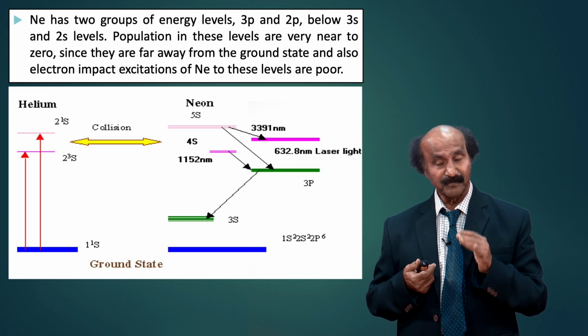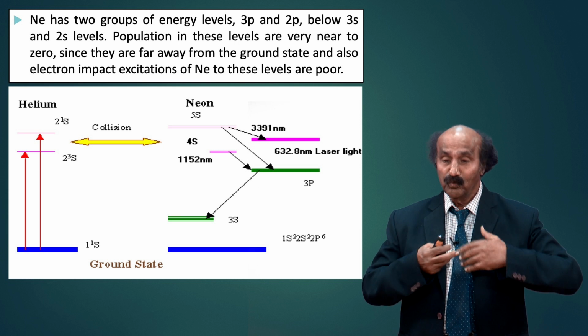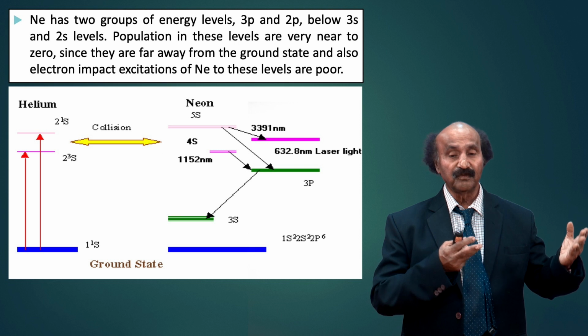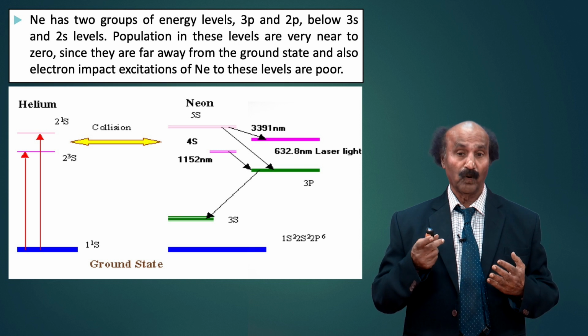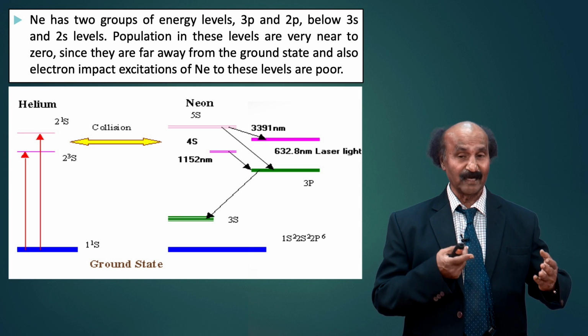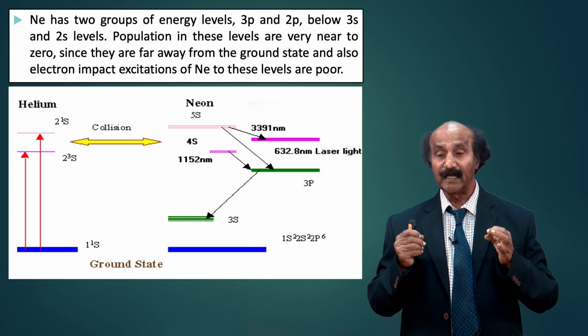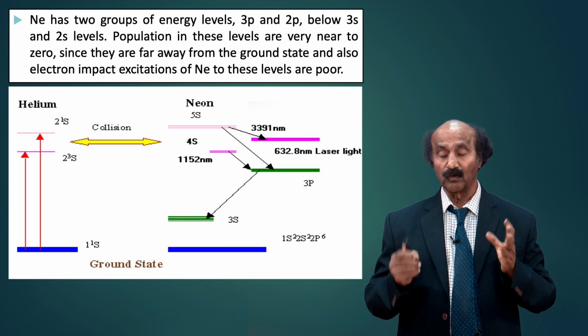When it hits the surface of the wall, it will lose its energy, and then from there it will easily go to 3s level. Once it goes to 3s level, what is the advantage? The lower laser level will be practically empty. Let us say it is 0.